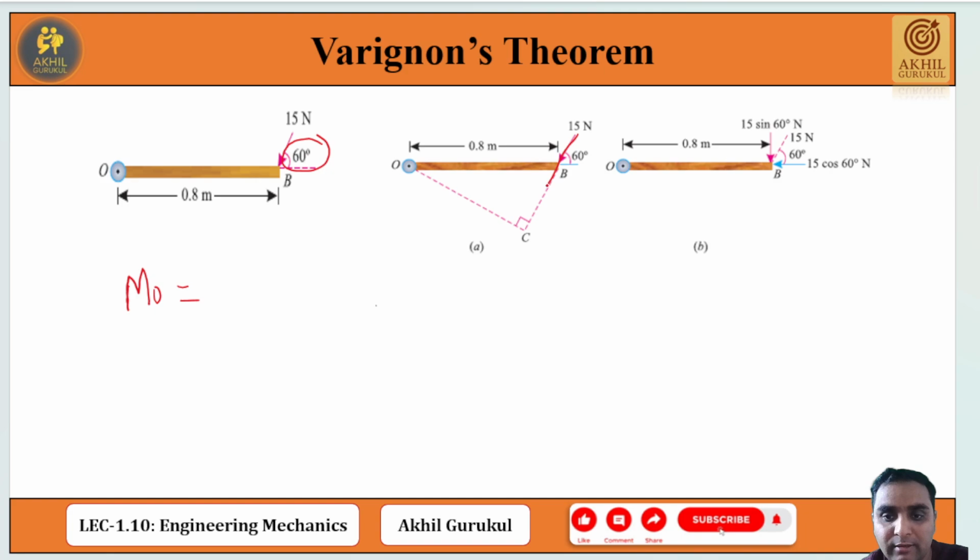We extend the line of action of the force and draw a perpendicular to the line of action. So the moment is equal to the force into the perpendicular distance between O and the line of action of the force, D. Here this angle is 60, so this angle is also 60.